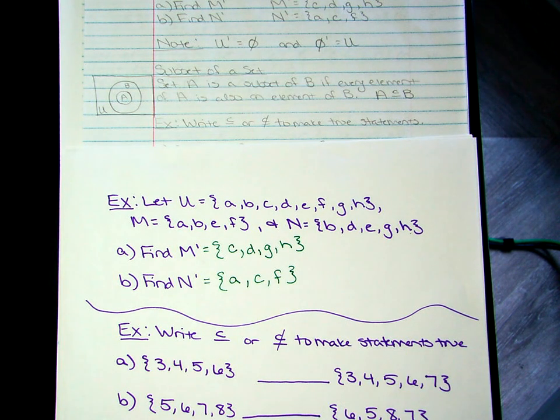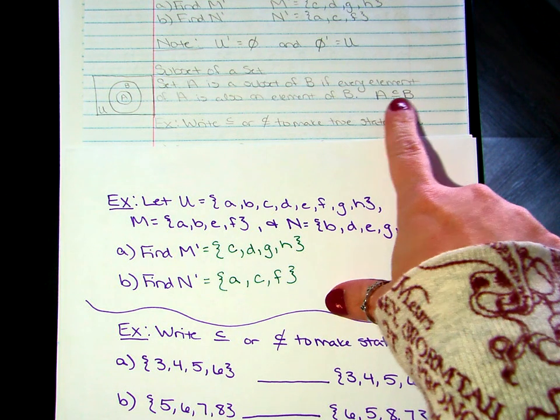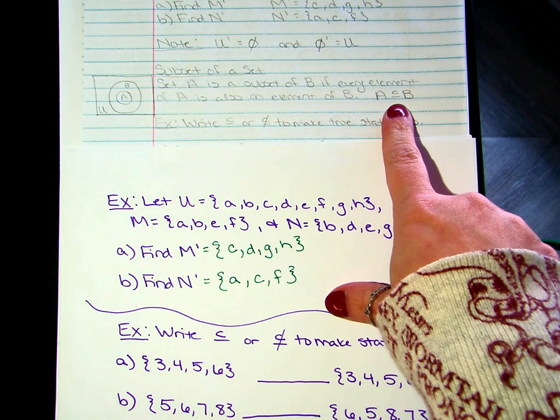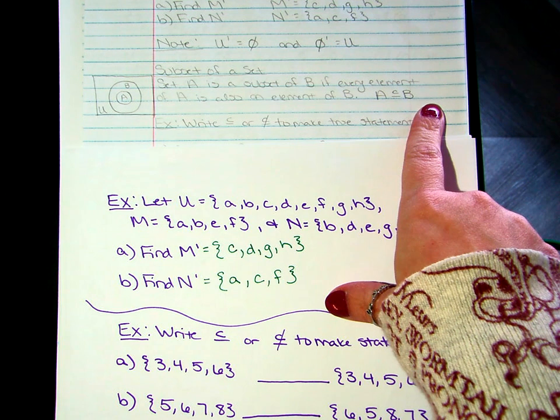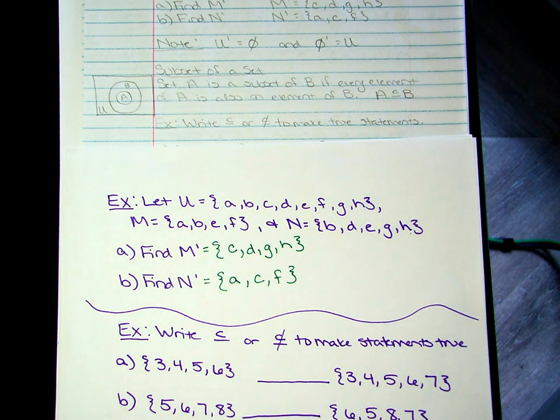So a set A is a subset of B if every element of A is also an element of B. And we write that as this little c with a line underneath it. A is a subset of B. Everything that lives in A has to also live in B. And that little diagram to the left kind of indicates that.